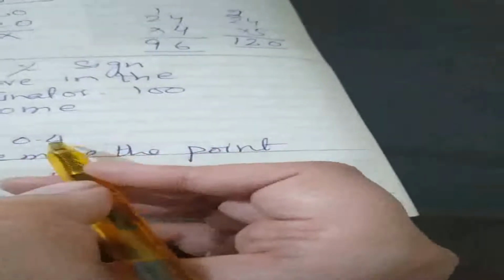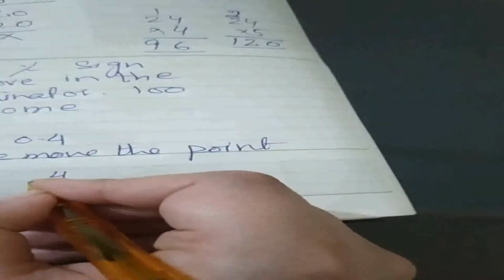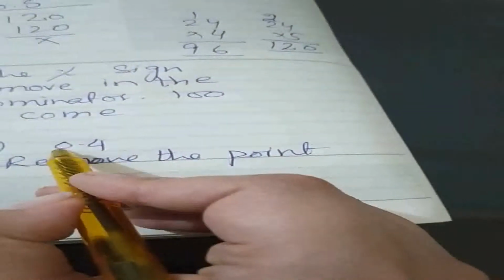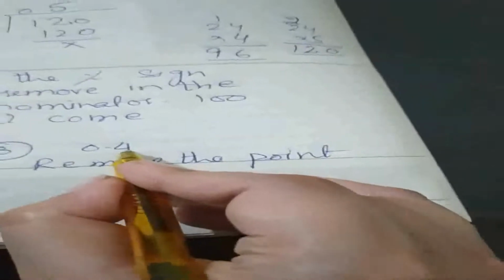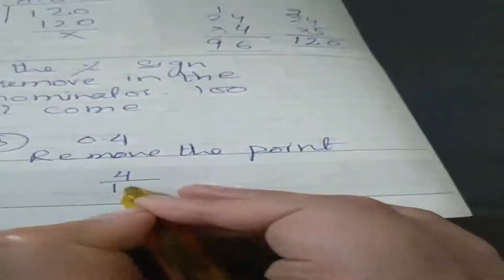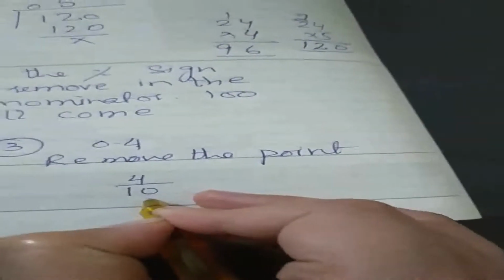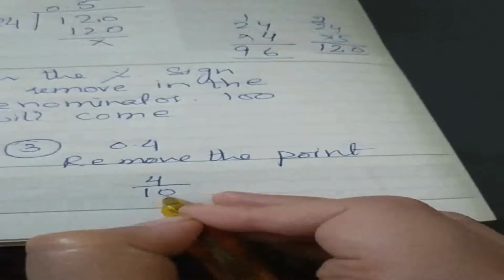In the numerator, 0 and 4 will come. There is no value when the 0 is present before any digit, so we write 4. In the denominator I write 1. How many digits after the point? Only 1, so 10 will come in the denominator.